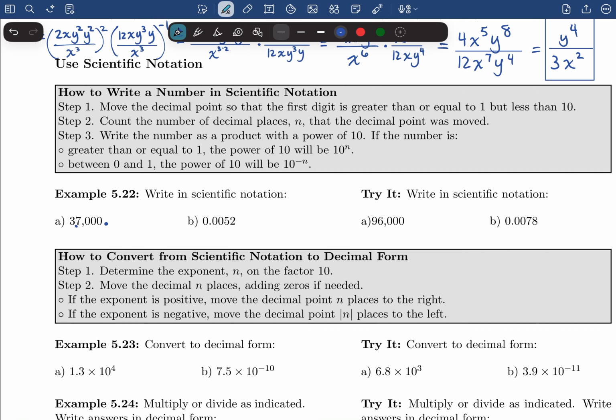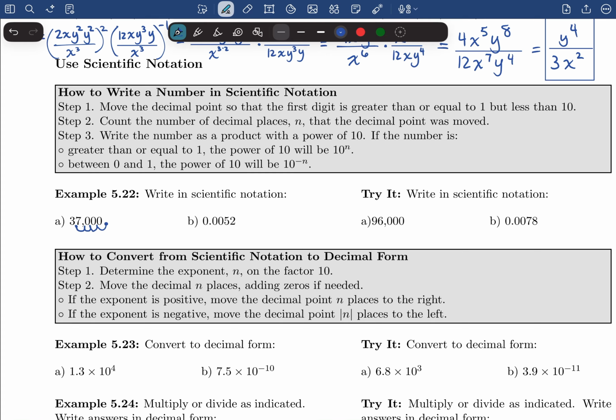Okay, so a significant figure is the first number that's not a 0 that appears. So I see the 3 is the first number. It's not a 0. So I have to move the decimal place that's currently right here over a certain amount of spaces. I suggest putting little bumps along the way to get from your first spot to your last spot.